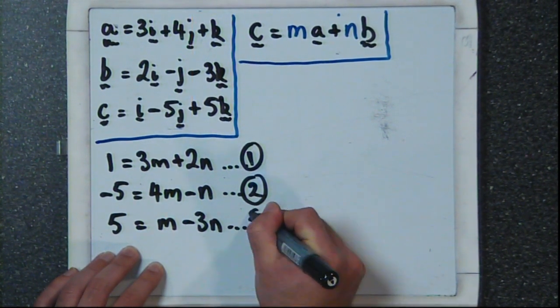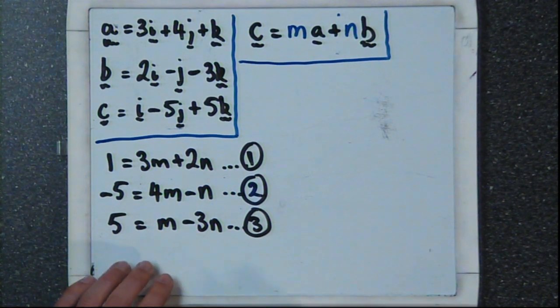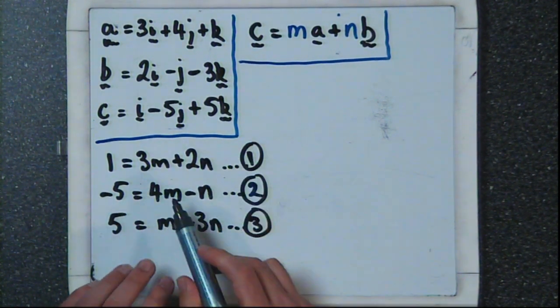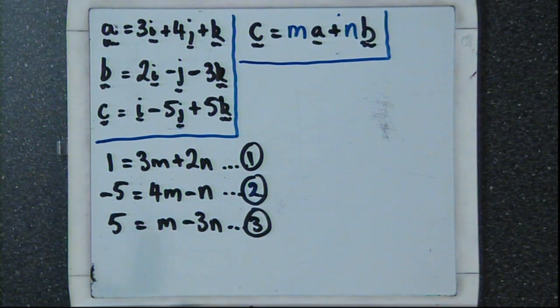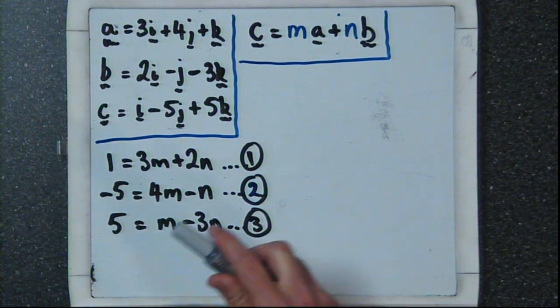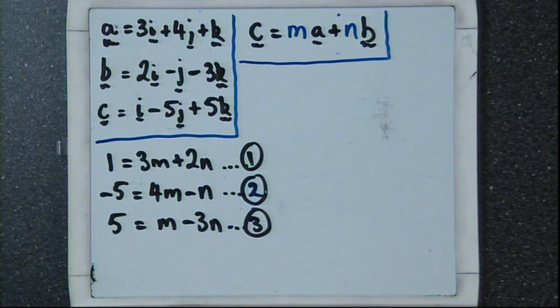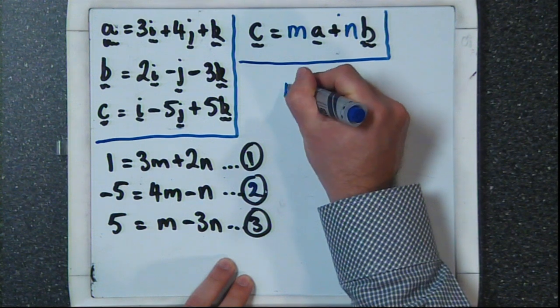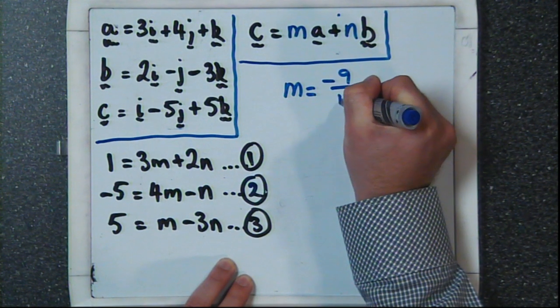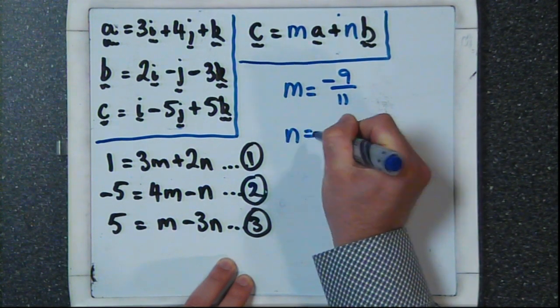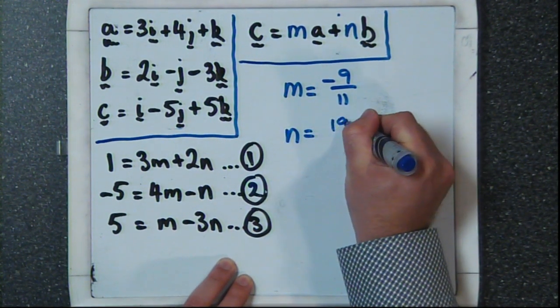Now, to be linearly dependent, all three equations have to be satisfied by the m and n that we came out with. The first two equations are exactly the same as in the previous example, and we found that m was equal to negative 9 on 11, and n was equal to 19 on 11.